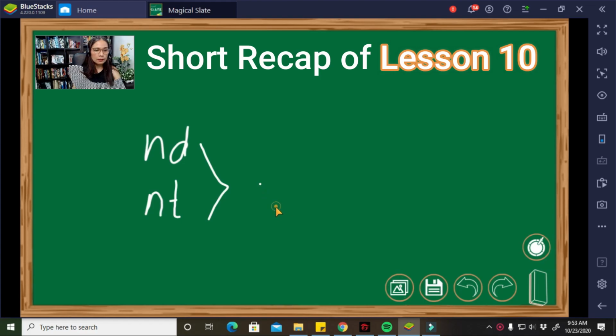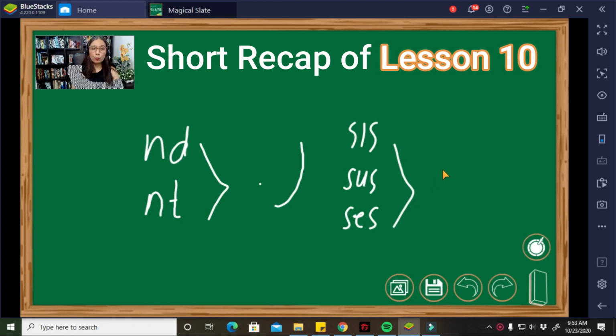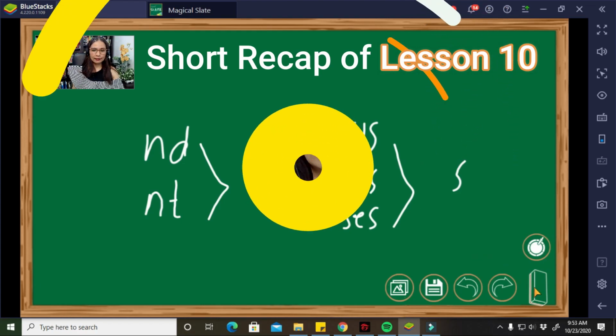So, this is how your ND blend. Alright? For the sis, sus, and ses, we do have to combine the two forms of S, and we do have this symbol. So that is the coverage of lesson 10.